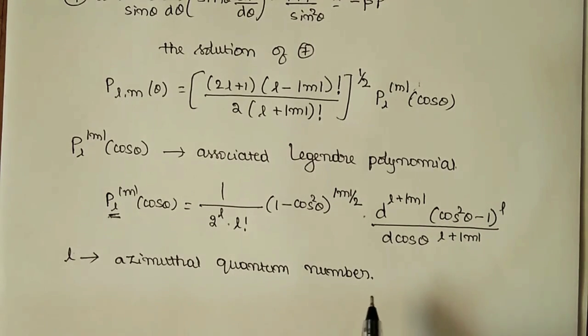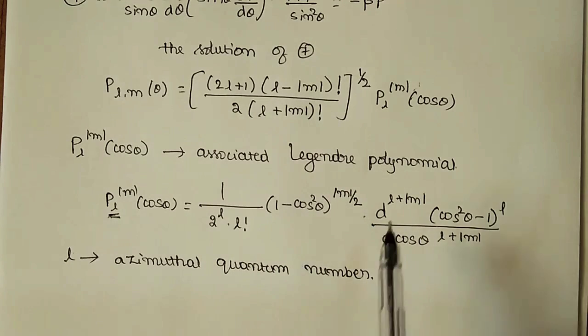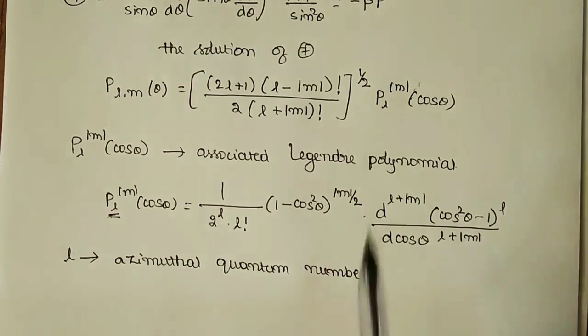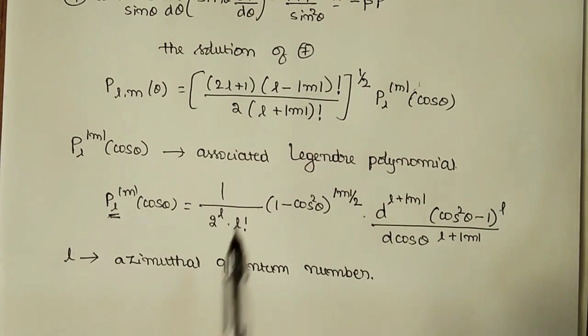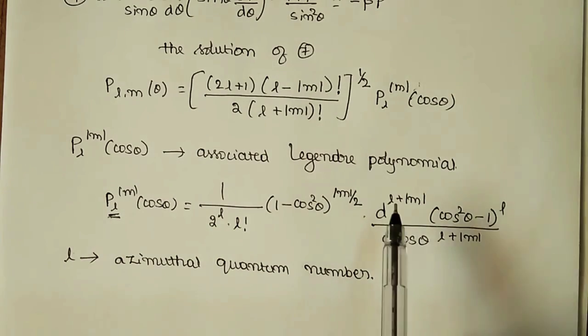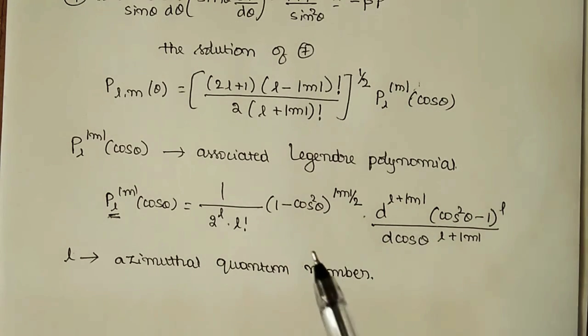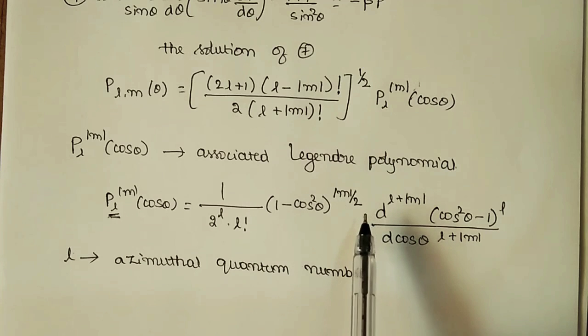So as a whole, we can say that by solving the Schrodinger wave equation for the hydrogen atom, we got three quantum numbers n, l and m: n, the principal quantum number, l, the azimuthal quantum number, and m, the magnetic quantum number. n mainly gives information about the energy of the electron as well as the distance of that electron from the nucleus. l will give information about the shape of the orbital in which the electron is present.